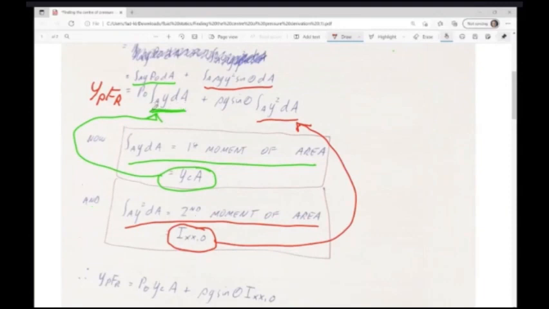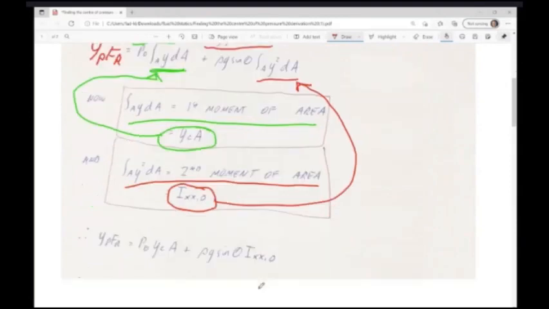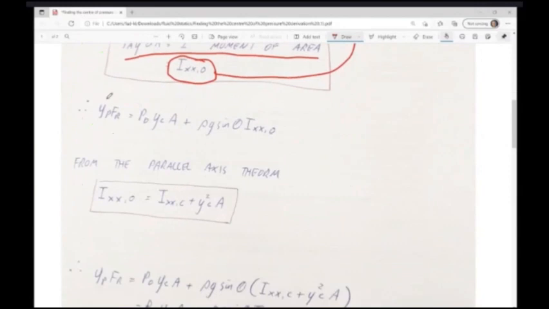Instead of writing that lot, I'm going to write yc A, the distance to the centroid times the area, the first moment of area, plus rho g sine theta, and then instead of writing the integral of y squared with respect to the area, that's our second moment of area around the origin, so I'm going to put that in there. So that's where we get to that equation there.